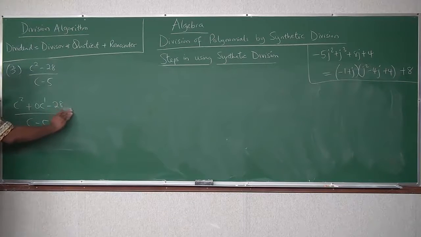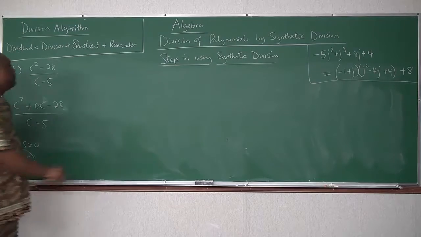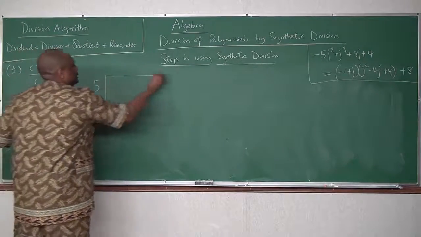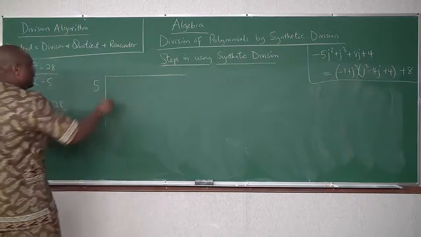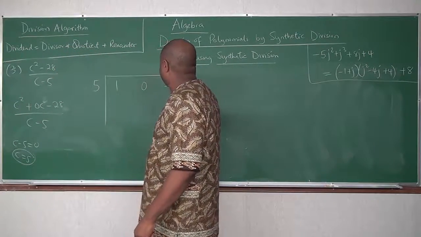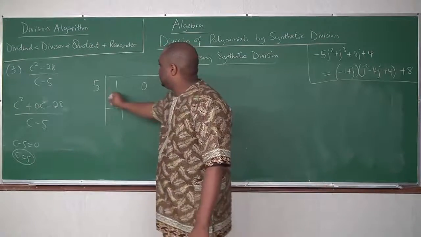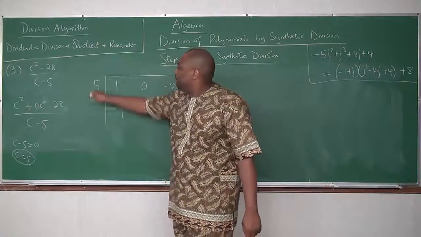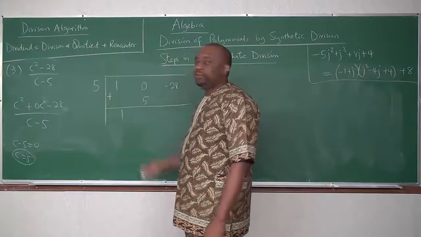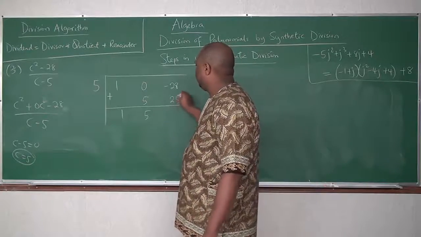Now I set c minus 5 to 0, so c is 5. I write my 5 and draw this. I write the coefficients: 1, 0, negative 28. I bring down 1, this is addition. 5 times 1 is 5, 0 plus 5 is 5. 5 times 5 is 25.